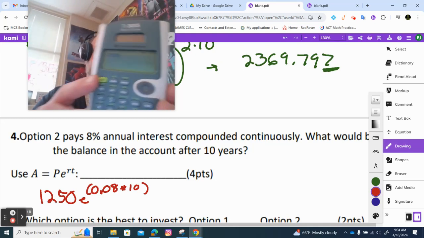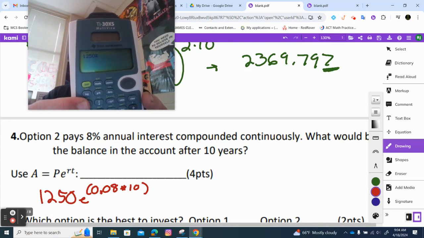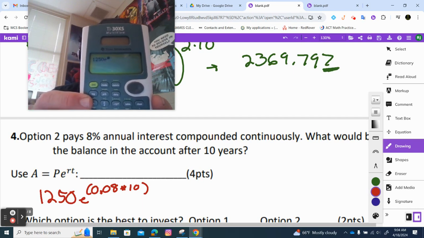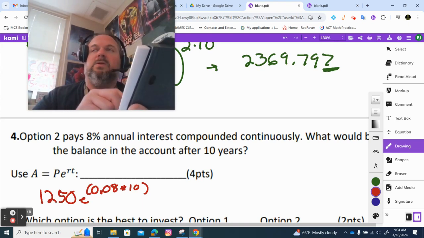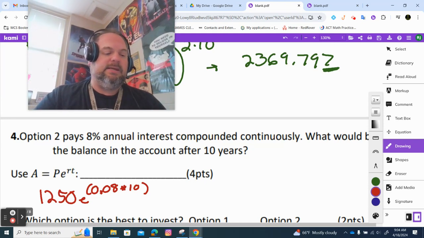All right. Second LN. Oh, no, it's a L. All right, parenthesis 0.08 times 10.